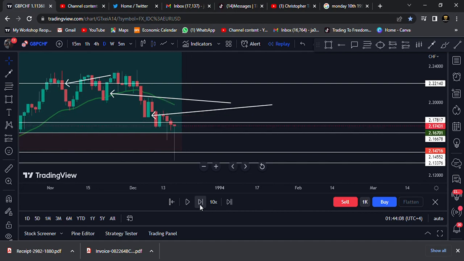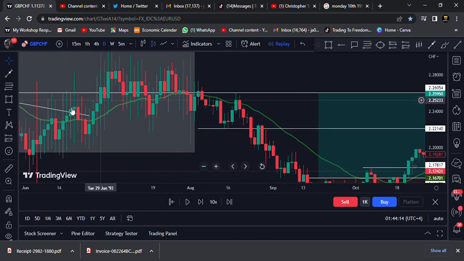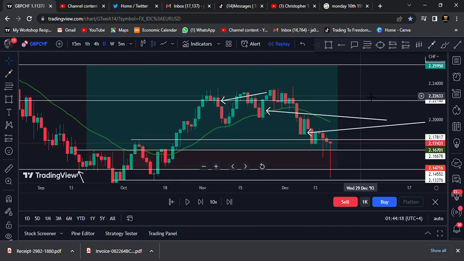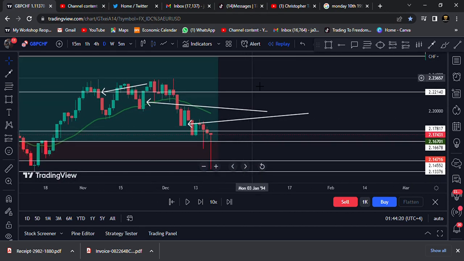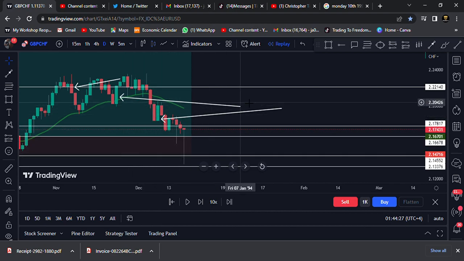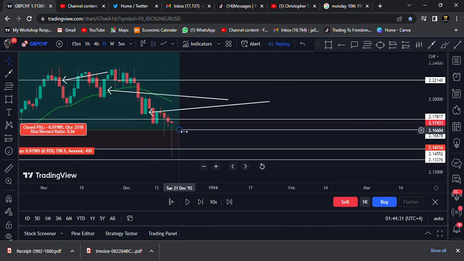Yeah, so with a pair that has been behaving in such a way just recently, it's kind of not really a good pair to trust, because these were kind of really good entries here, but it didn't work out that way.